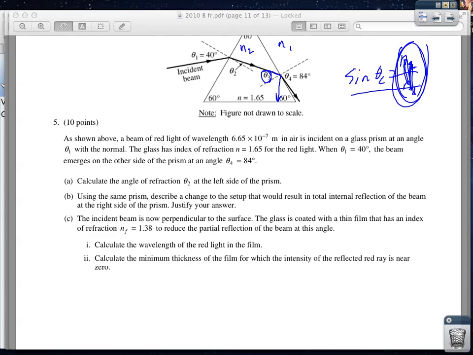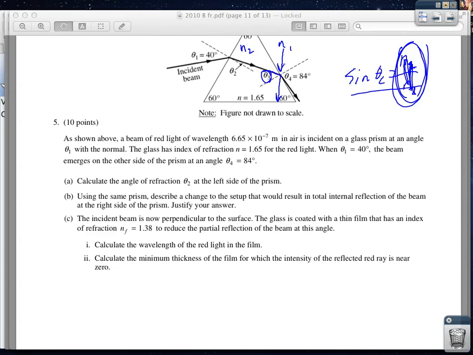Now, what about if I go from this to this, from air into that? Can I have total internal reflection? No. Right?